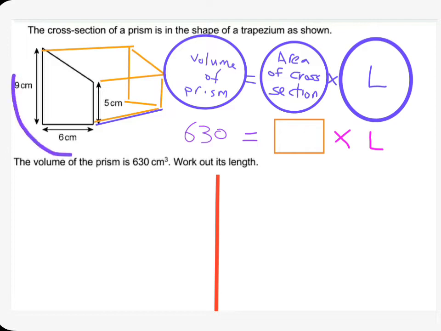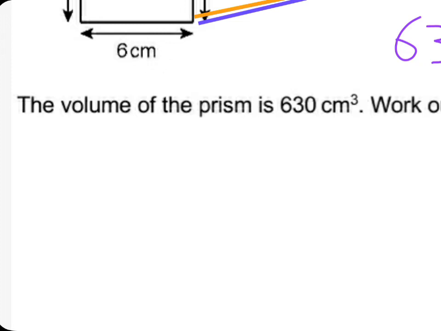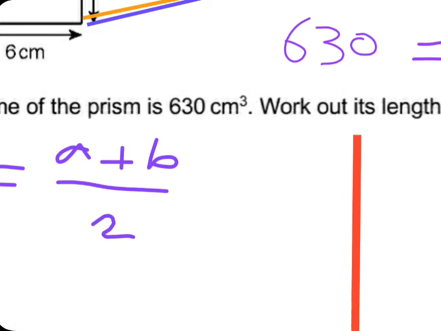Now, as we said, the cross-section here is a trapezium. We need the formula for the area of the trapezium. Now, this formula, you have to memorize it too. Area of trapezium equals what? Very good. Let's call it A first, equals A plus B divide 2 multiplied by h, which is the height.